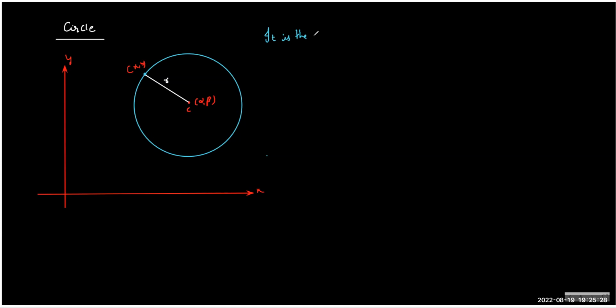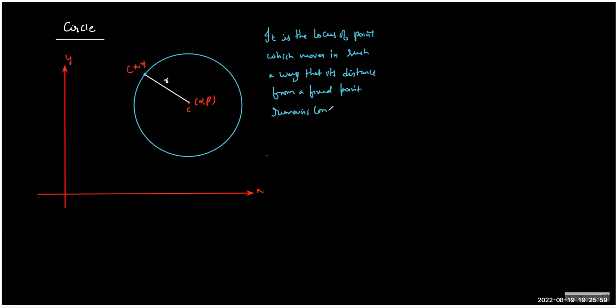Okay, this one. So it is the locus of a point which moves in such a way that its distance from a fixed point remains constant.